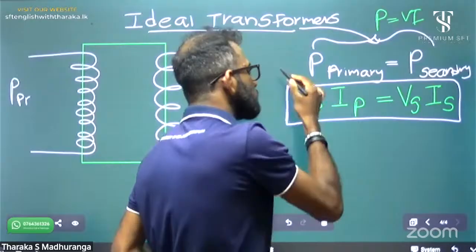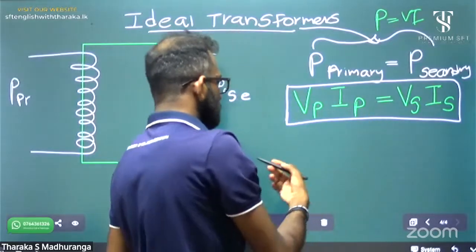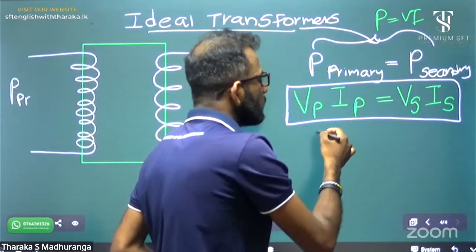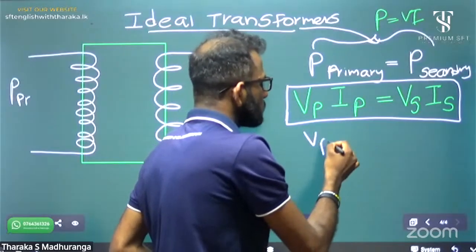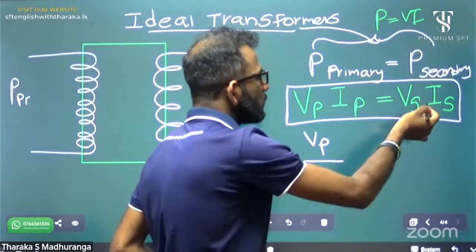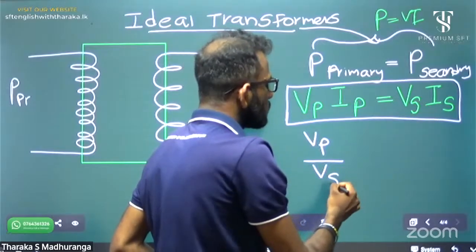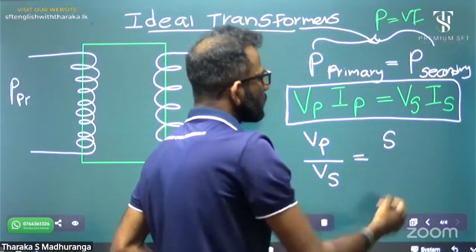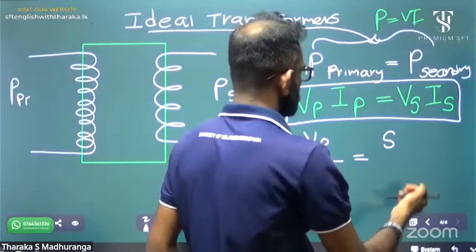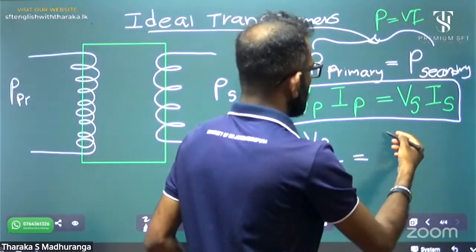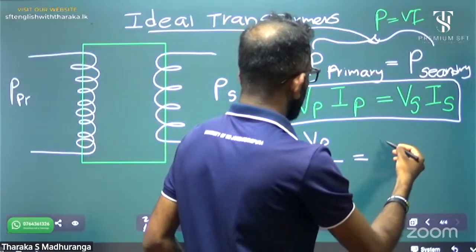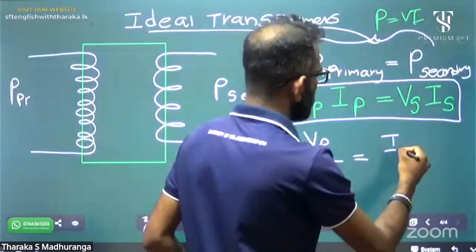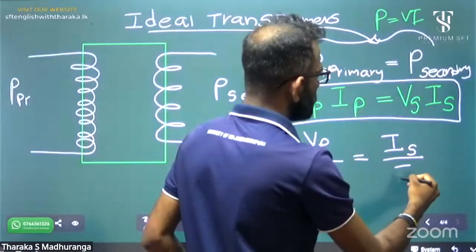In O level time, you did the same thing like this: VP over VS equals IS over IP.